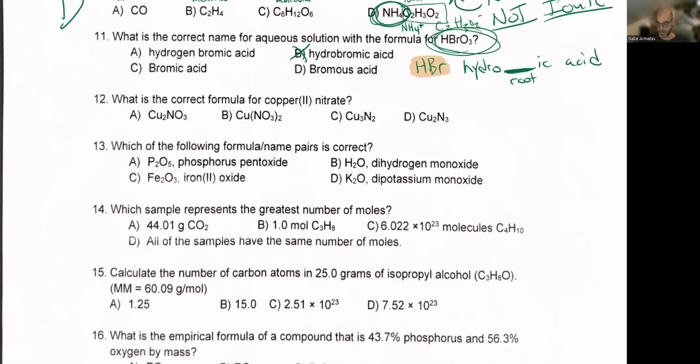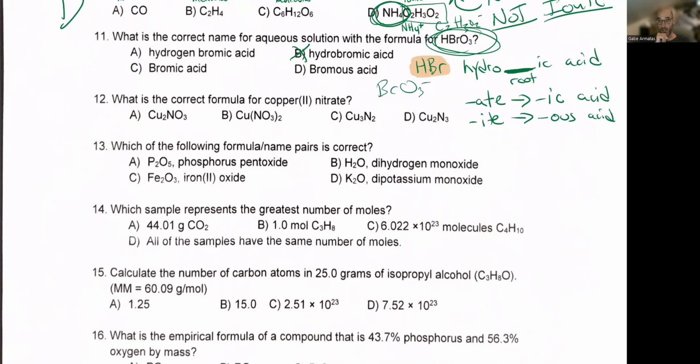So what we really want to know is essentially, is this ate or ite? What this comes down to is any polyatomic with an ATE ending is going to turn into IC acid. Anything with an ITE ending turns into OUS acid. So I need to know what BrO3 minus is.